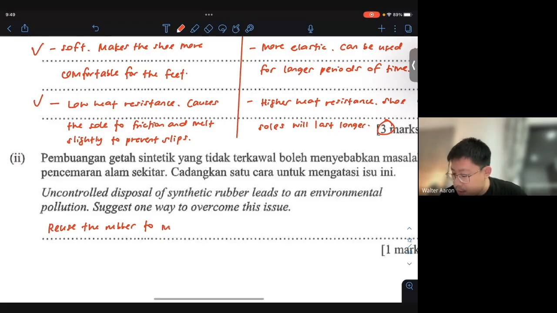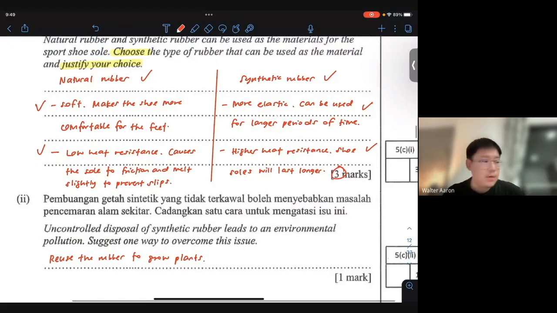Reuse the rubber to pot plants or to grow plants, as flower pots also can. So yeah, one of those examples will do. So 1 mark for you.